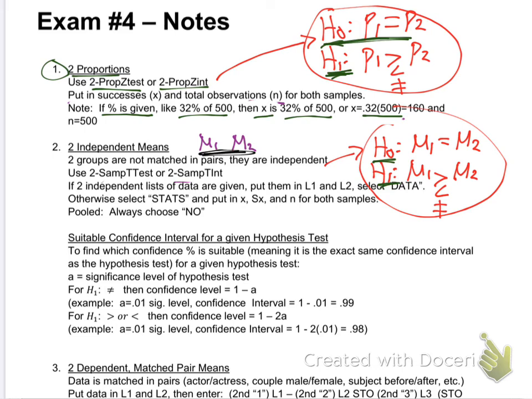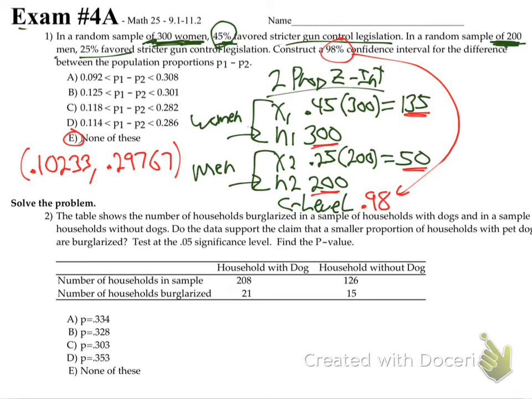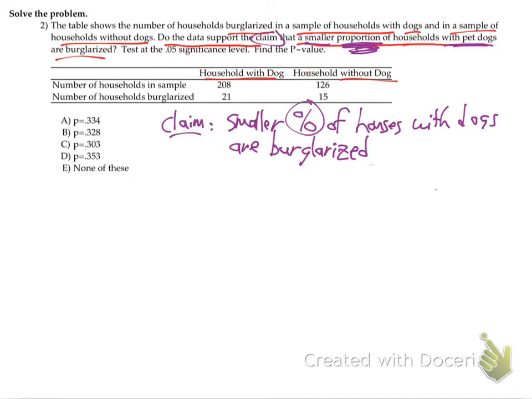So let's go back. Again, it's number 1, two proportions. So we're either going to use the 2 prop Z test or the 2 prop Z interval. And this one has a claim, so I need to write H0 and H1. Whenever there's a claim, it's a hypothesis test, not a confidence interval. H0 is P1 equal P2, and H1 is P1 greater, less, or not equal to P2.